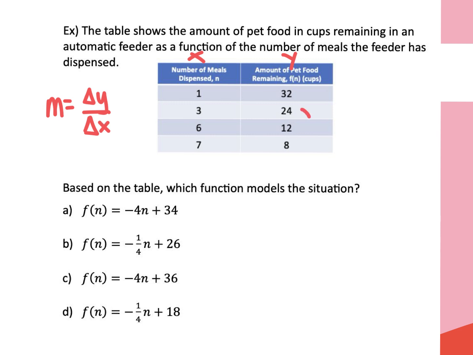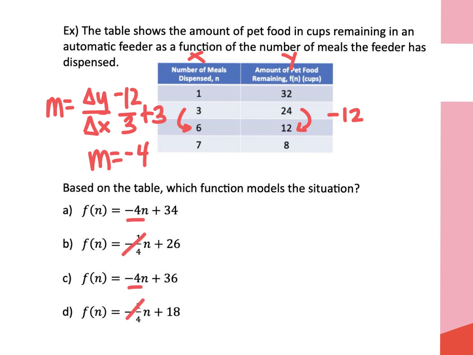So I can very easily see that from 24 to 12, I'm subtracting 12. And from 3 to 6, I'm adding 3. So if I wrote negative 12 over 3, my slope is a negative 4. Well, this has a negative 4? No. This has a negative 4? No.